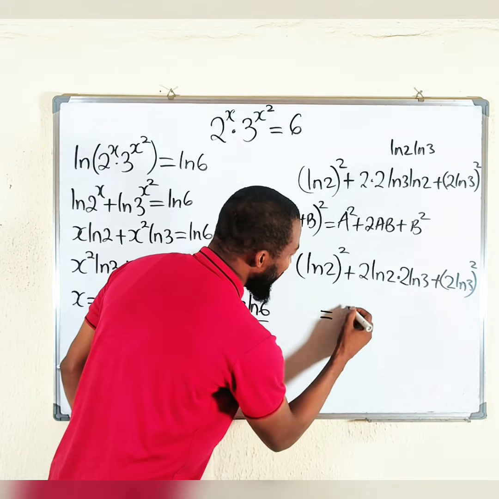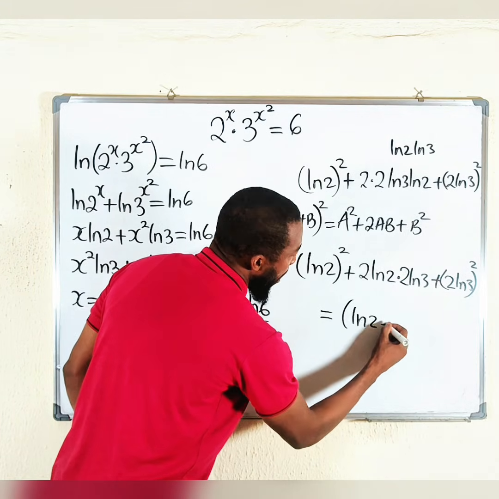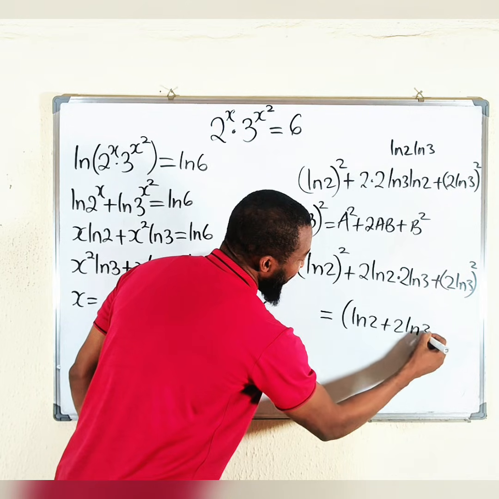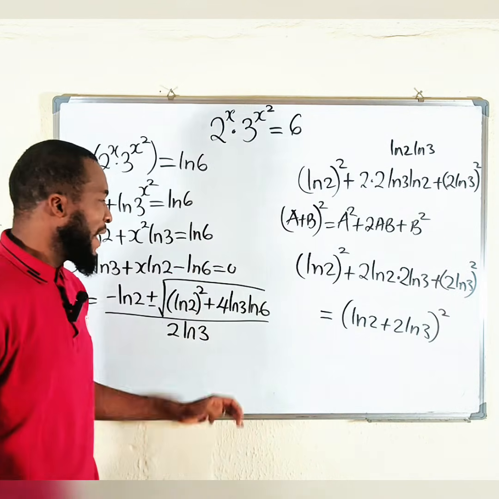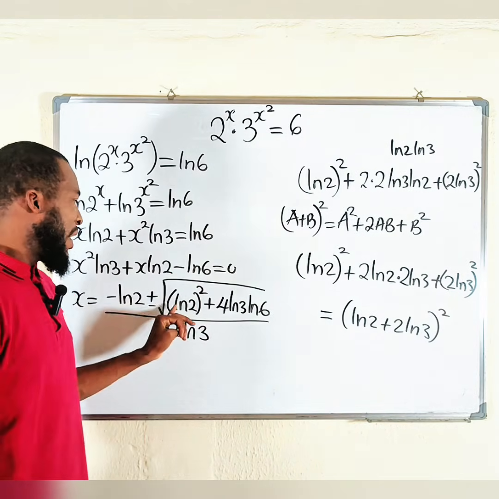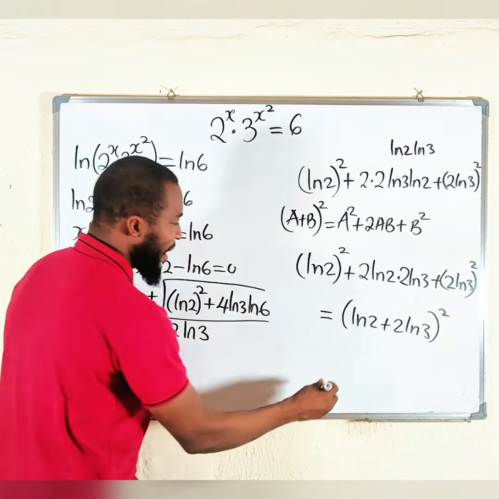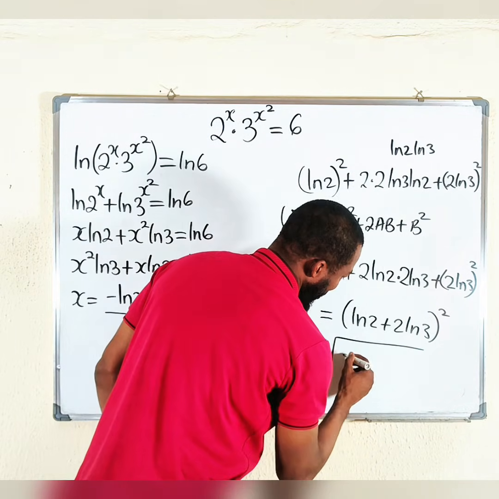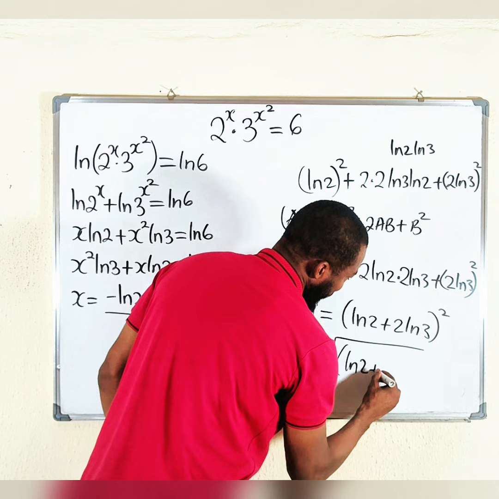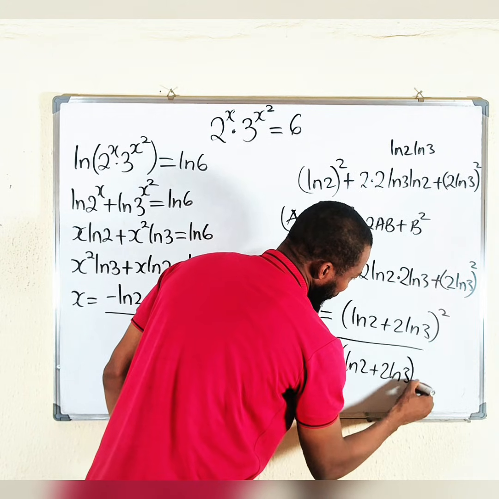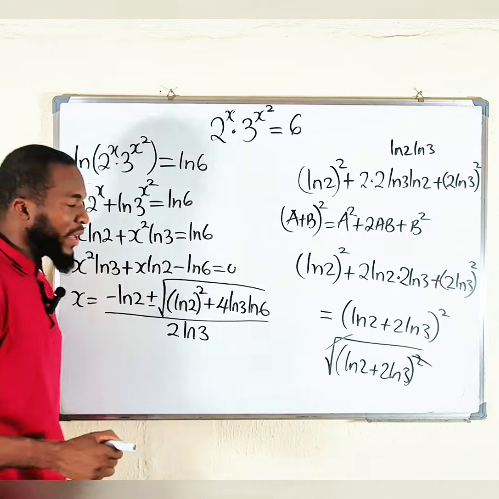So everything here is the same thing as natural log of 2 plus 2 times natural log of 3, everything to the power of 2. This is what we have inside the square root. And if you take the square root of this, natural log of 2 plus 2 times natural log of 3 squared, the power of 2 and the square root will cancel.